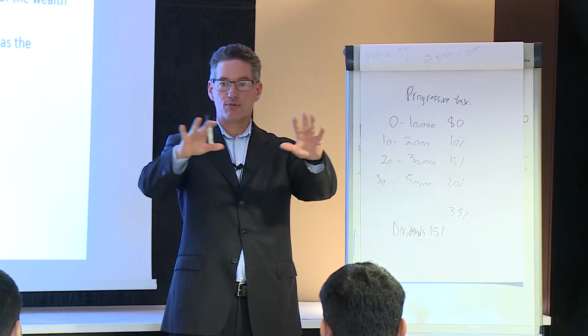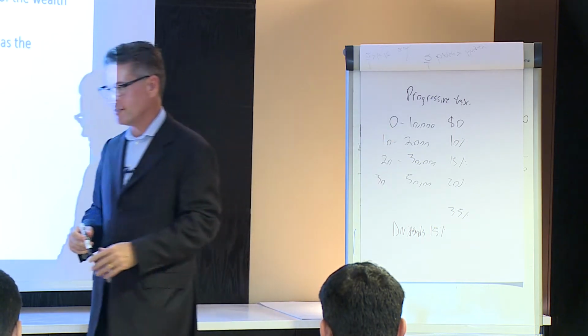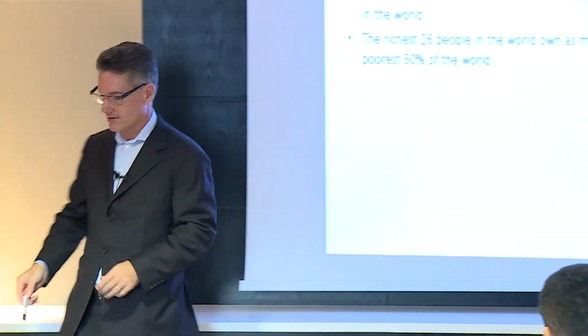You have a diversified portfolio. Let's take a look at that for a second. Warren Buffett, I think, has like 65 billion, something like this. If you're one of these super rich people, we need more zeros, don't we?